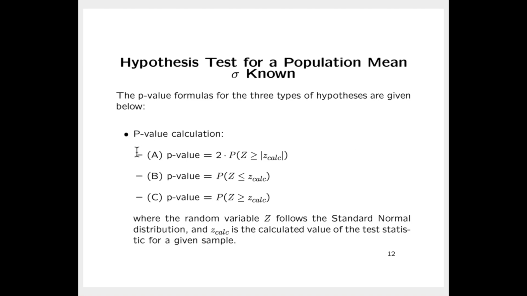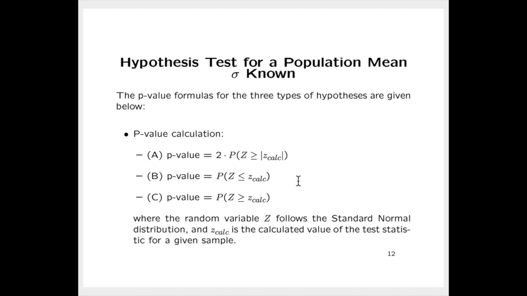So again, we've got three formulas, and they're labeled A, B, and C that correspond to the three types of hypotheses that we've labeled A, B, and C. And so if we're performing a two-tailed test, hypothesis test A, then the p-value for that test is equal to 2 times the probability that the standard normal random variable Z is greater than or equal to the absolute value of the observed value of z-calc. So again, z-calc is the calculated value of the test statistic.